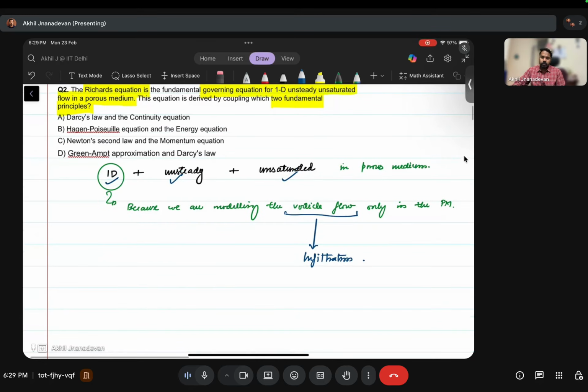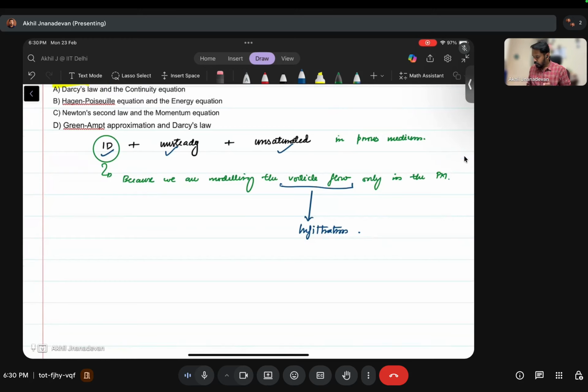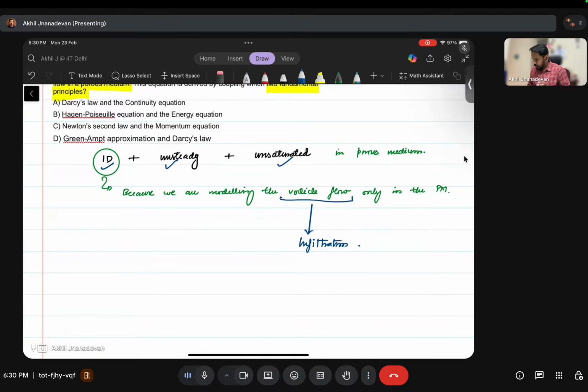Okay. So now let's move on to how the Richards equation is derived. If you have gone to the lecture, we derive the Richards equation by combining two equations.